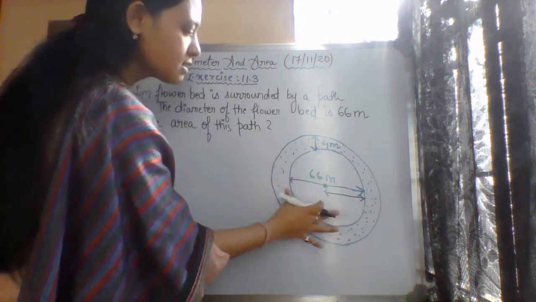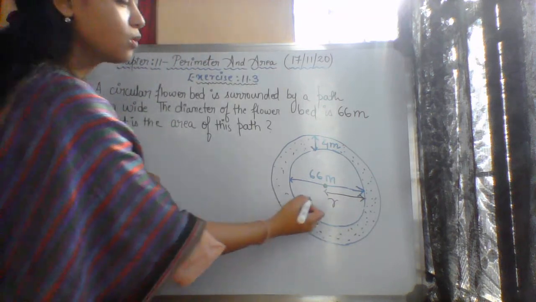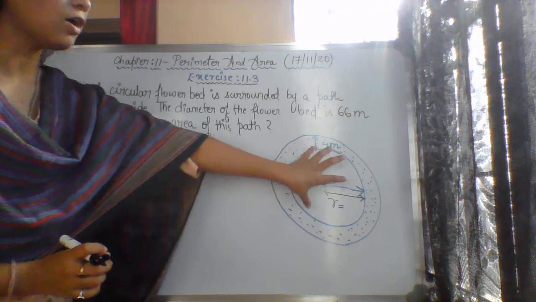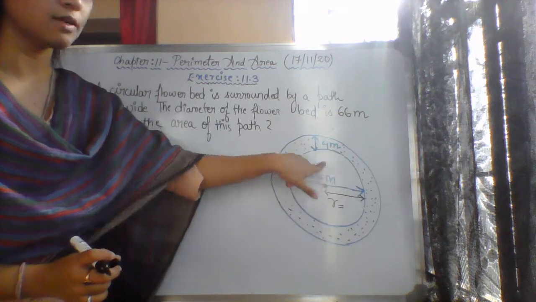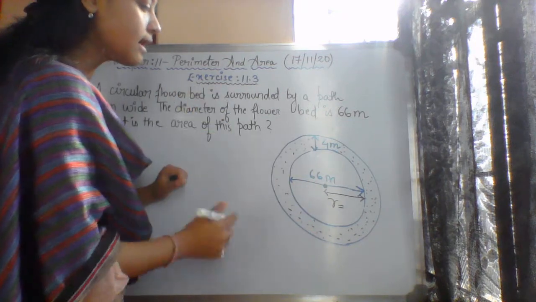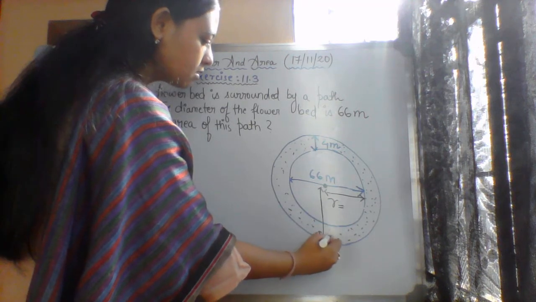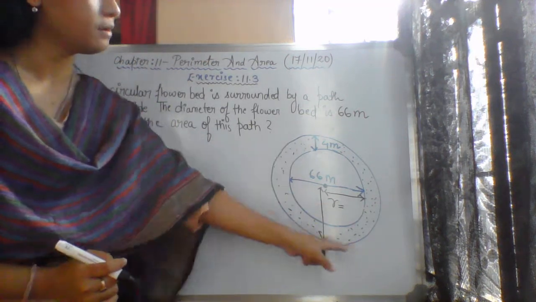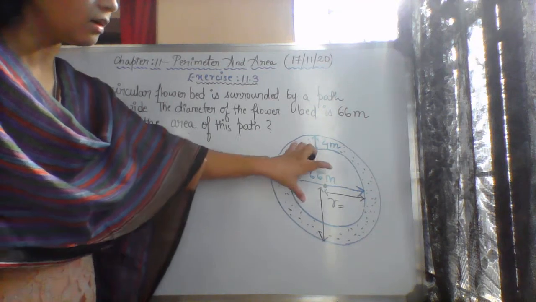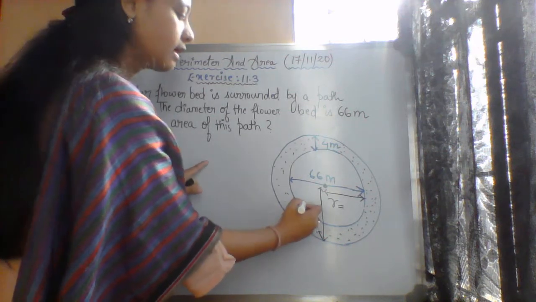Since it is a smaller circle, I am denoting it with small r. So what is the radius of that flower bed? That we must know. And next, what is the radius of that bigger circle, that is the flower bed along with the path?